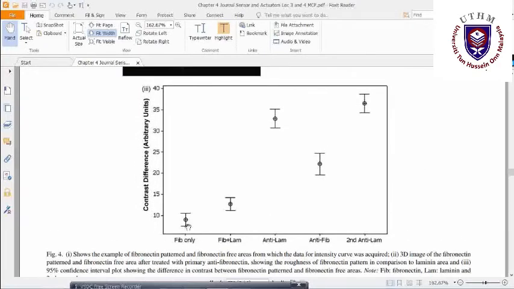This is the graph. You have fibronectin only, and then fibronectin plus laminin. When you put the antibody, the idea is to amplify the patterns. The primary antibody to the laminin does increase the contrast, and then it reduces again because we highlighted the fibronectin protein this time, and then the secondary anti-laminin.